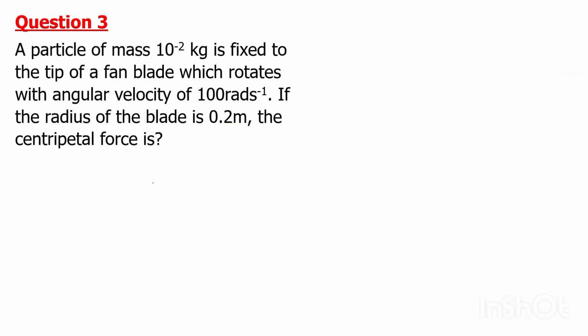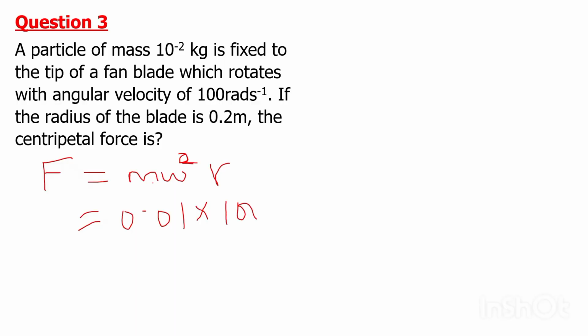So we are going to use F is equal to m omega square r. This is another formula for centripetal force, where m is 0.01 times the omega, which is given as 100, times, remember, omega squared times r, which is given as 0.2.